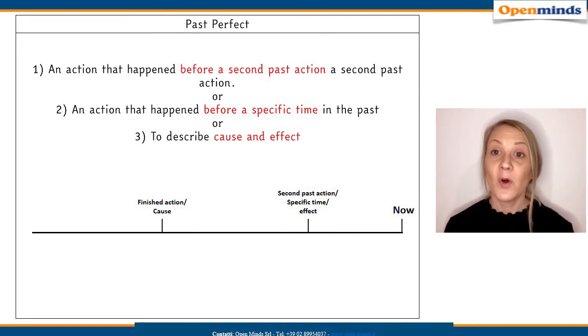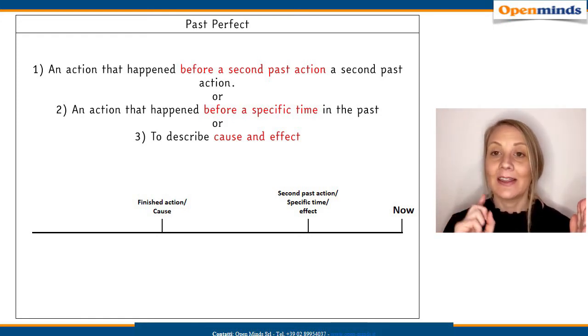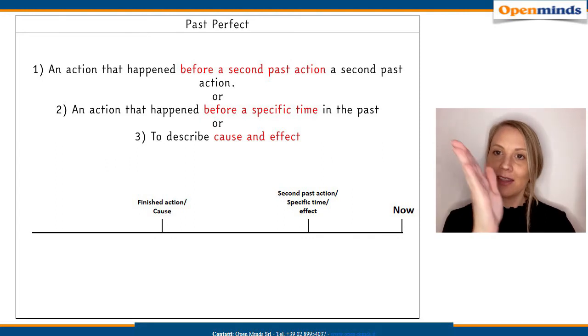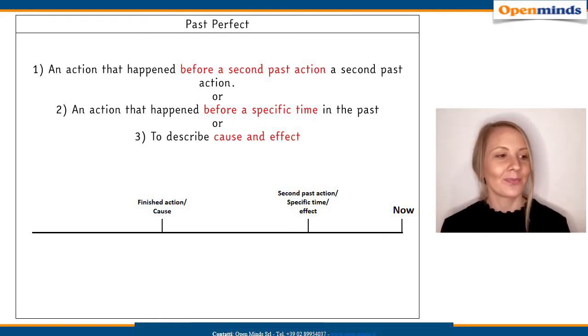So it's for an action that happened before a second action in the past. So imagine two actions in the past before this moment. It's the first one, the action that happened before the second action.